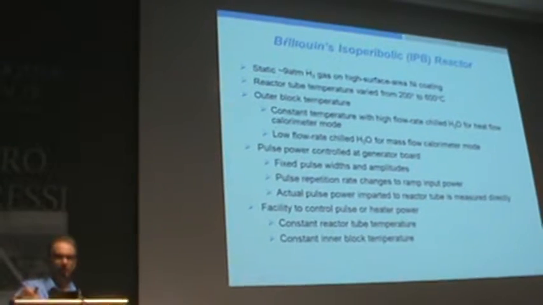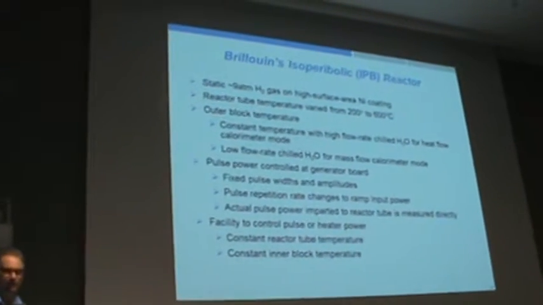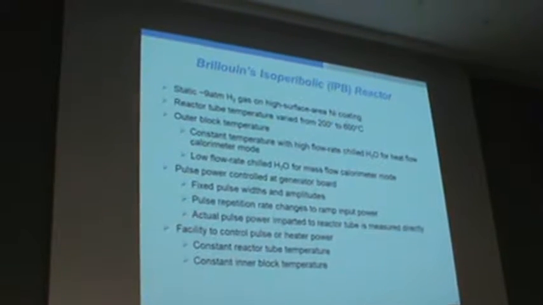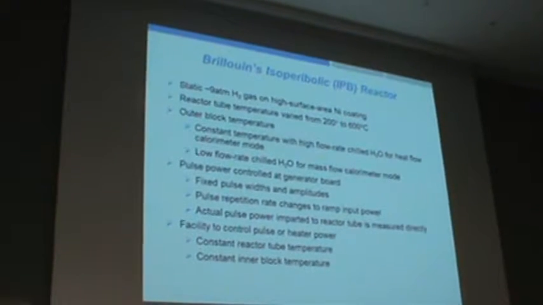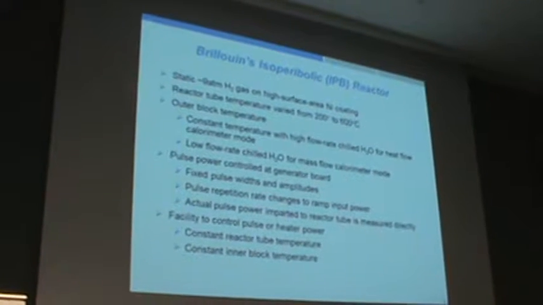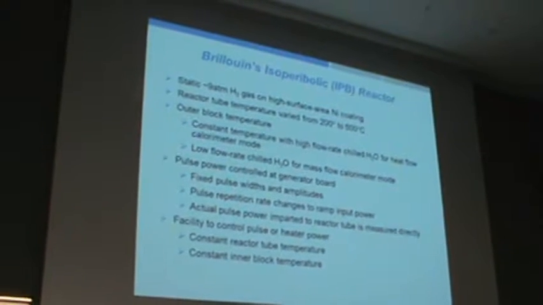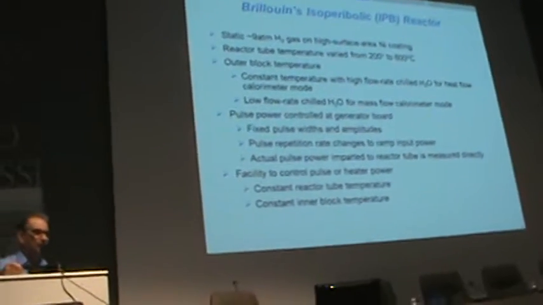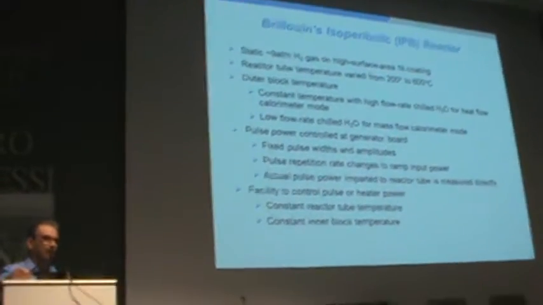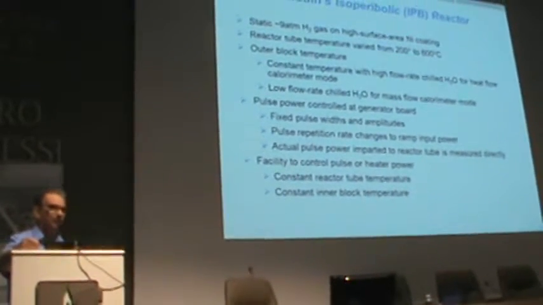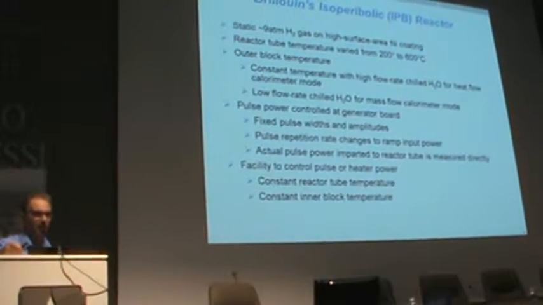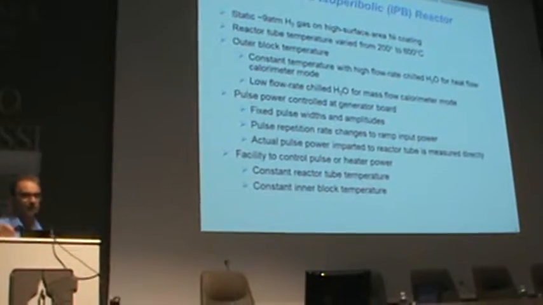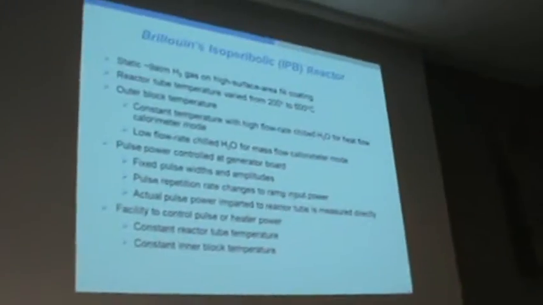And then they control the pulse or the heater power at constant using the PID approach. And yes, the actual pulse power is measured directly, as well as the fixed pulse width and amplitude. So usually, as I showed in that diagram, the amplitude is kept constant during an experiment, as well as the pulse width, and the repetition rate is changed in order to ramp the power.